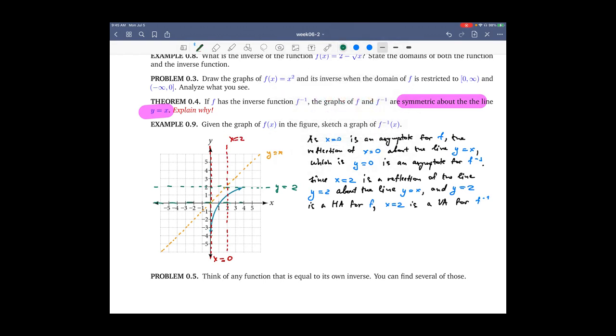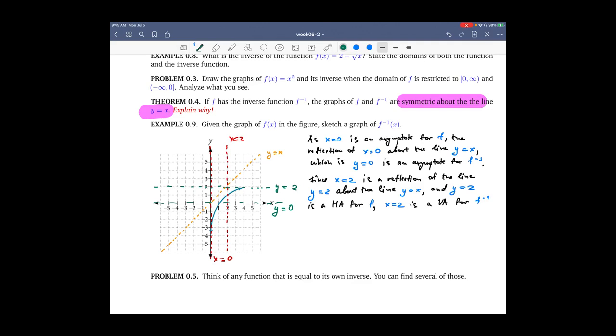So f inverse has two asymptotes, vertical asymptote x equals 2 and horizontal asymptote y equals 0.